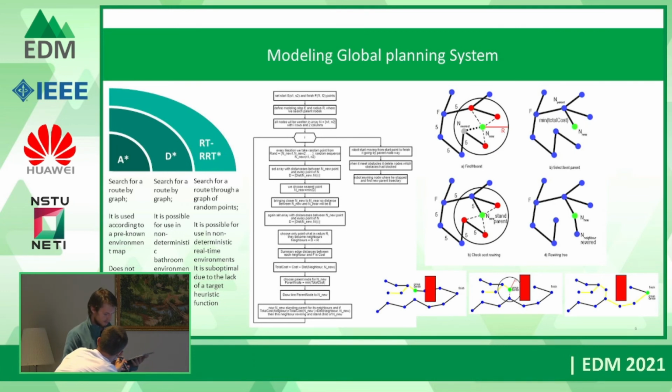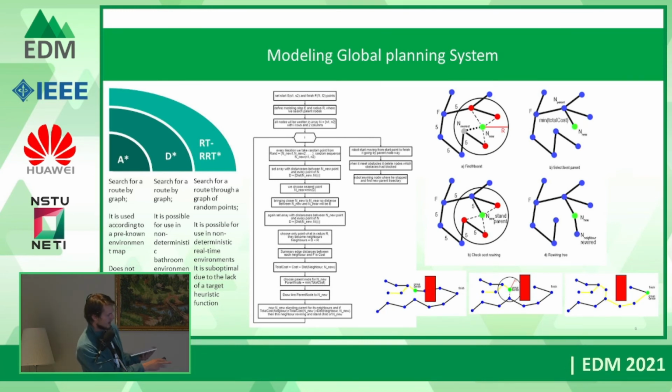So we have distances between the new point and neighbors, and we have the summary distance from the finish to each neighbor. The sum of these is called the total cost. We choose the minimal total cost, so we have a new edge of our tree. Then we look in our radius area at neighbors that can be child nodes, for which our new node can be the parent node, and we rewire the tree if the total cost of the neighbors is cheaper than the previous total cost.